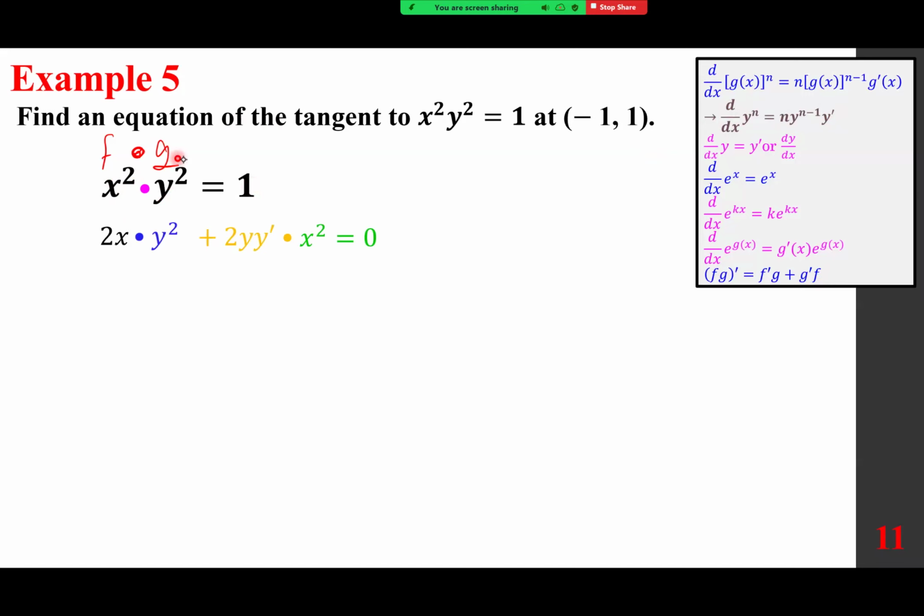So this is fg. So this is f prime g. This is g prime f. And so, since you're solving for y prime, you are going to move this to the right, make it negative.